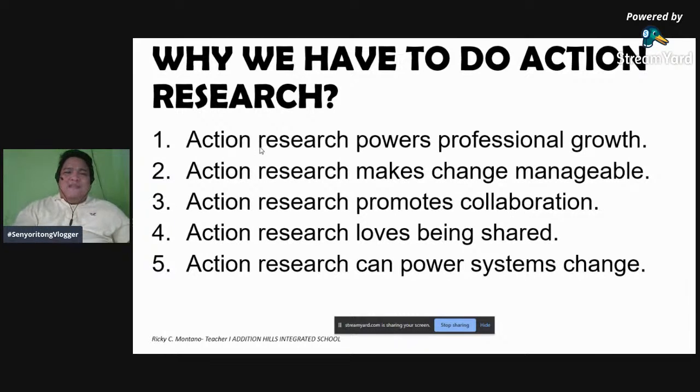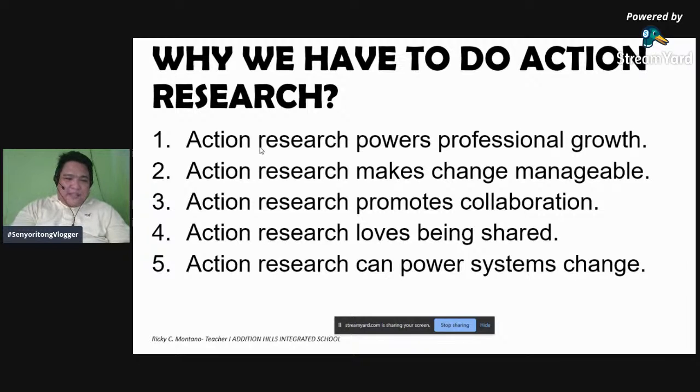When you gather so many inputs from your peers and fellows, that's the time you'll be collecting tons of ideas, and it's very good if you collect collaborative ideas. It will help you a lot in making action research.